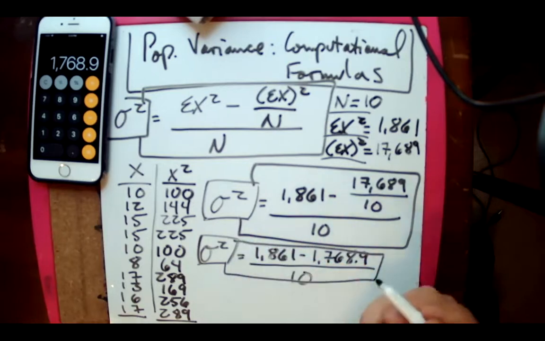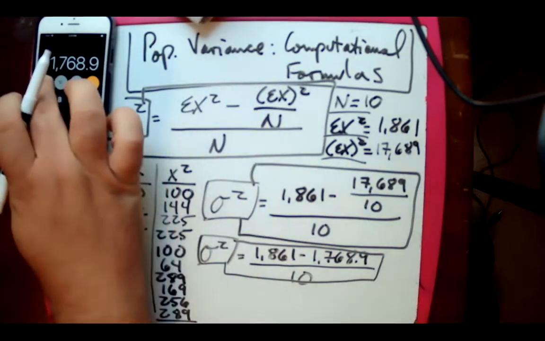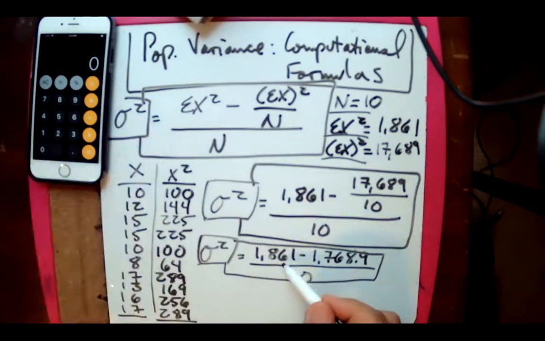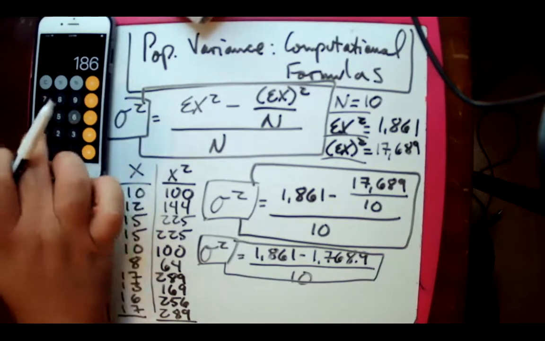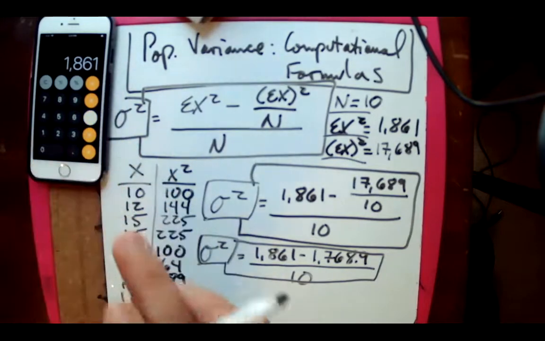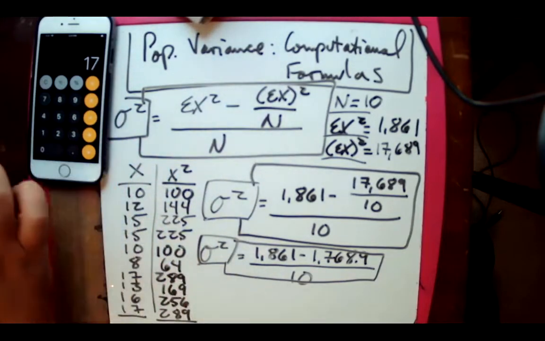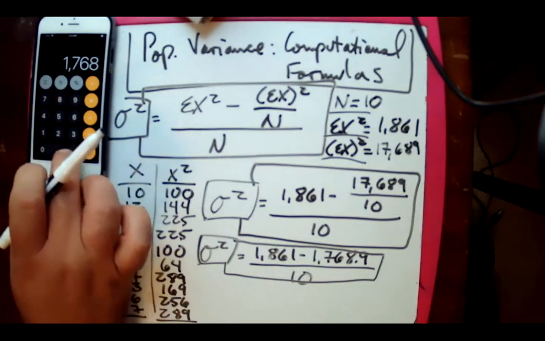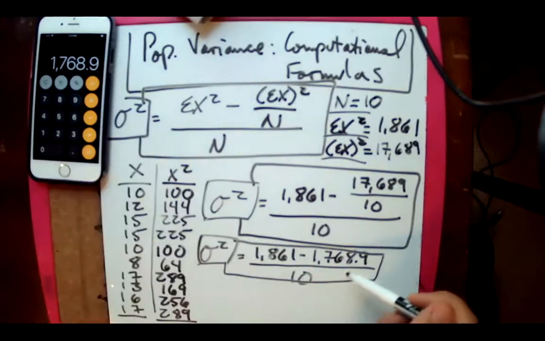All right, so we're breaking down this formula into steps. So now let's do the numerator. 1,861 subtract 1,768.9. Let me double check. 1,768.9.